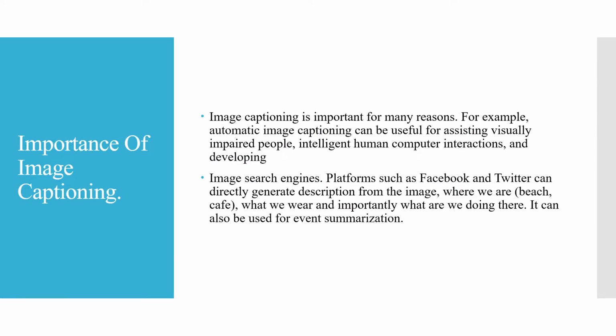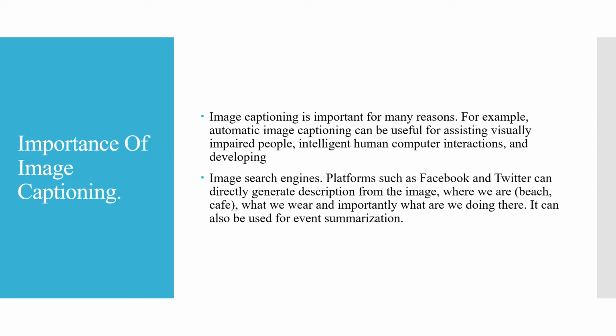Next, importance of image captioning. Image captioning is important for many reasons. For example, automatic image captioning can be useful for assisting visually impaired people, intelligent human computer interactions, and developing image search engines. Platforms such as Facebook and Twitter can directly generate descriptions from the image: where we are, what we wear, and importantly, what we are doing there.